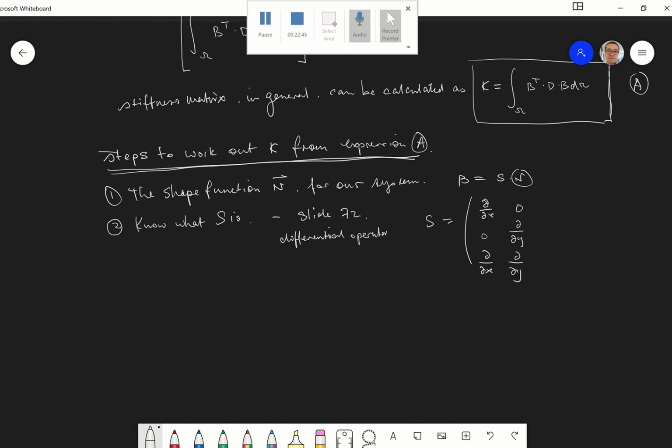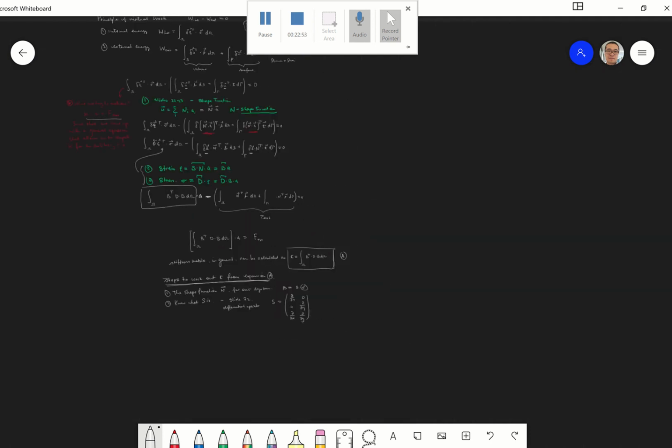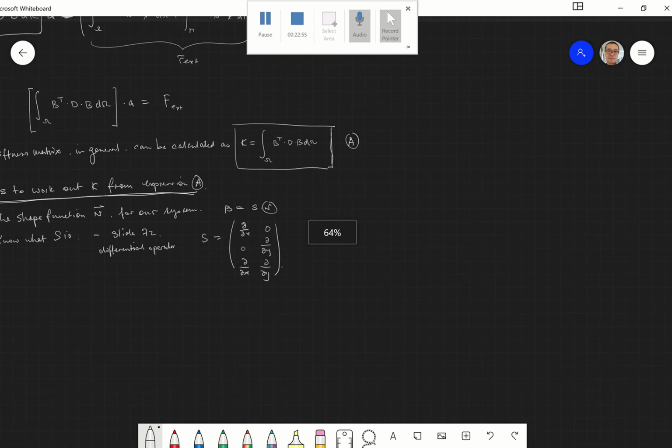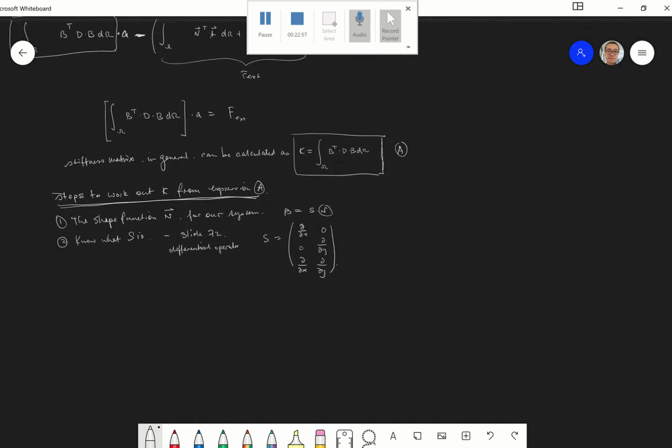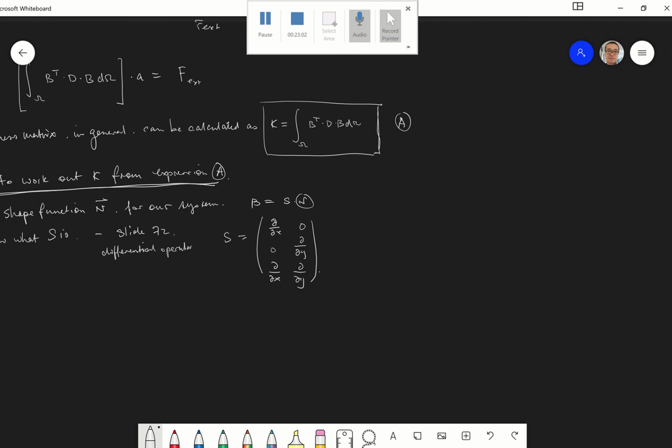And people say, where does this come from? So if you go to slide 72, I'll show you how to use this differential operator later, but just bear in mind that S is basically of this form for two-dimensional cases.